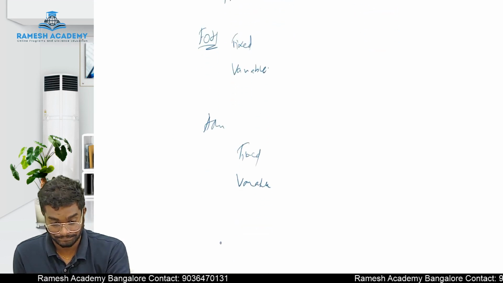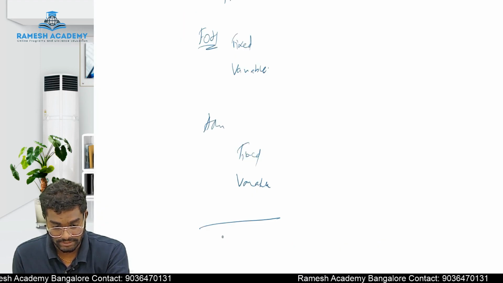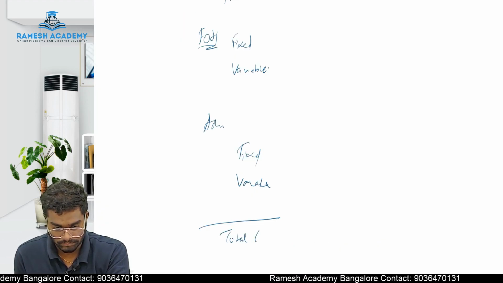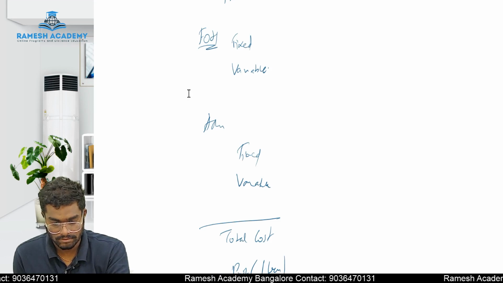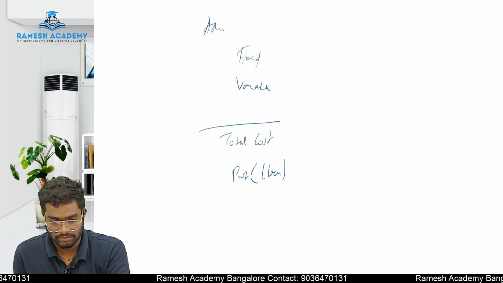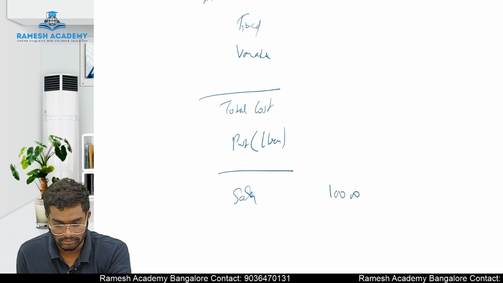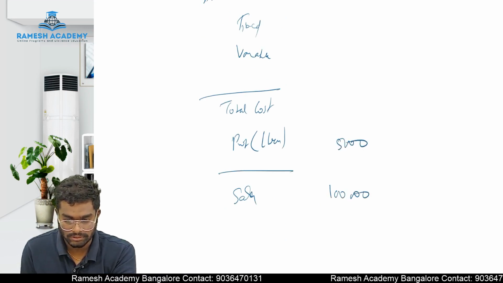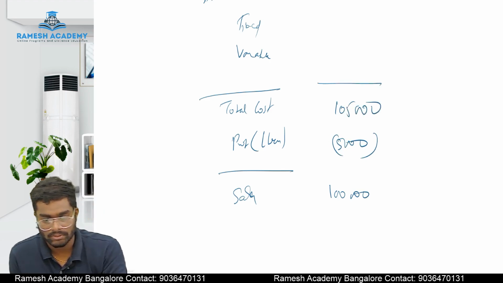And at last we will arrive at the total cost, profit or loss. Then we will have the sales here. They have given sales of 1 lakh and a loss, so it means it will be 105.